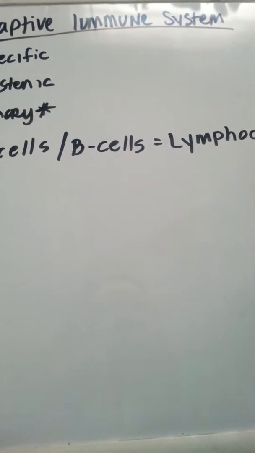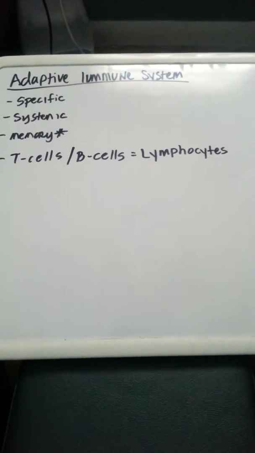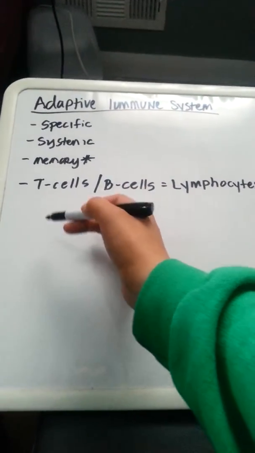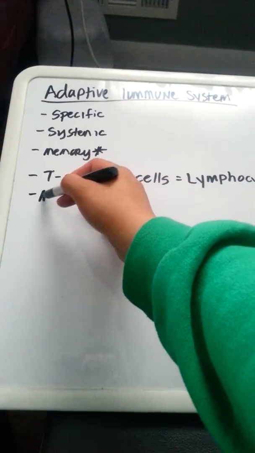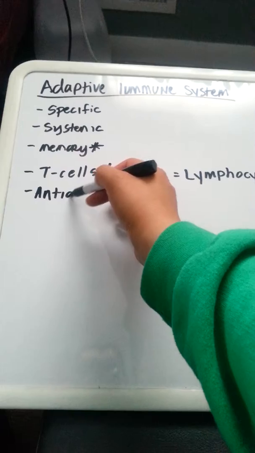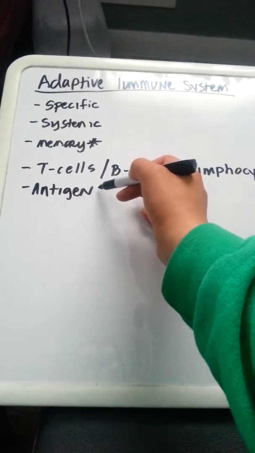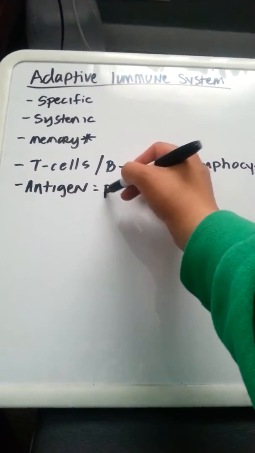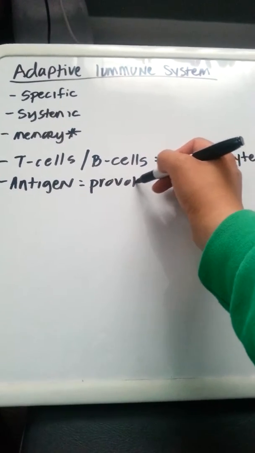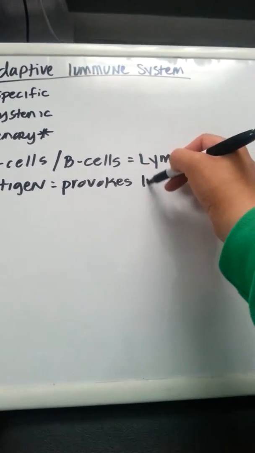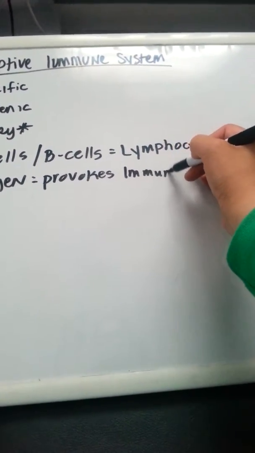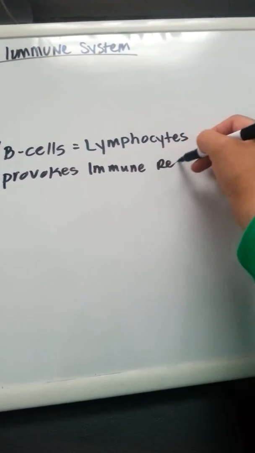T cells and B cells are lymphocytes. The next one is antigen. An antigen is basically anything that provokes an immune response.